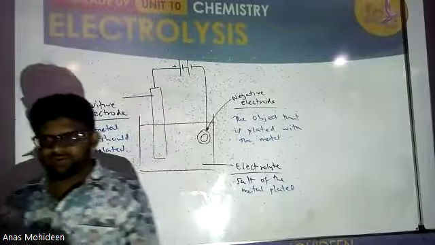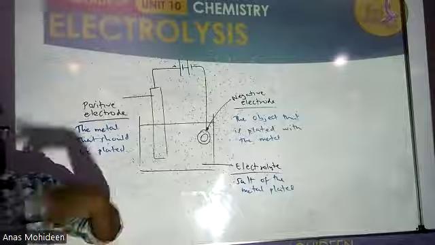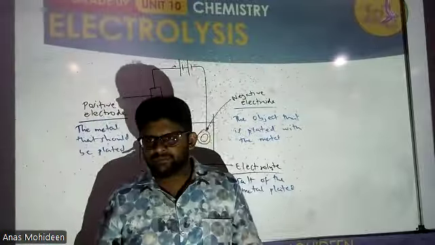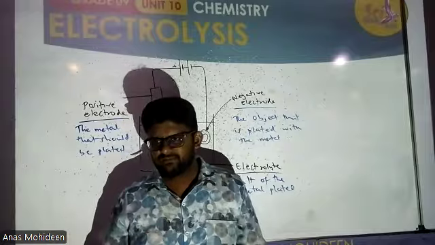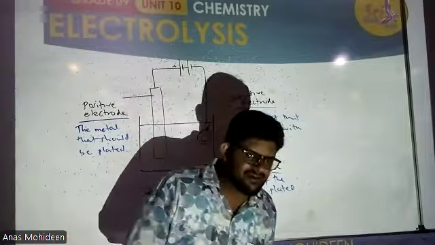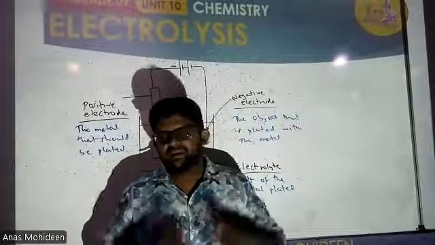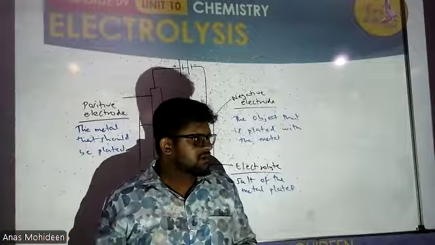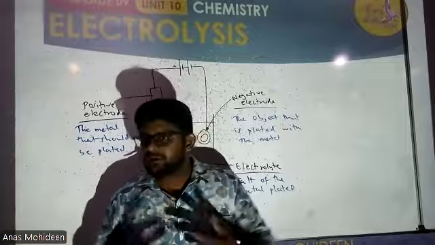Is that clear? Now, why do we actually need this plating? We need to use different materials. We might have just iron, and we need to give it a lustrous, shiny surface, an expensive, rich look.